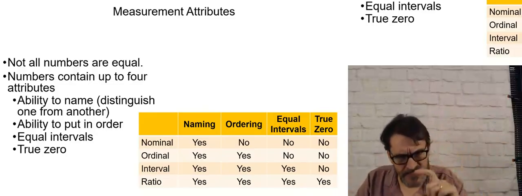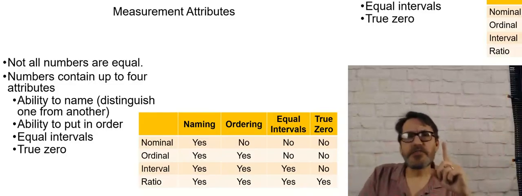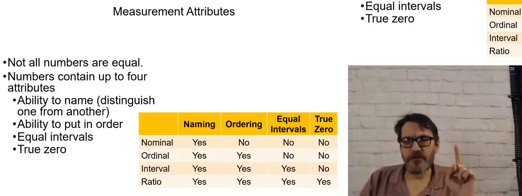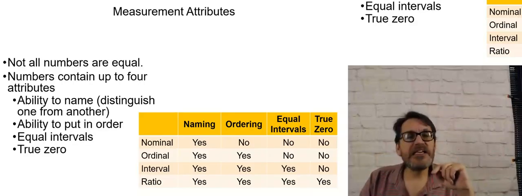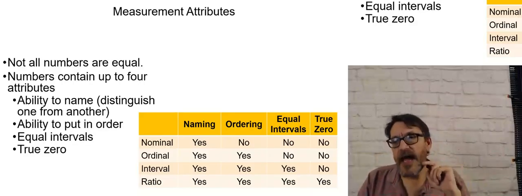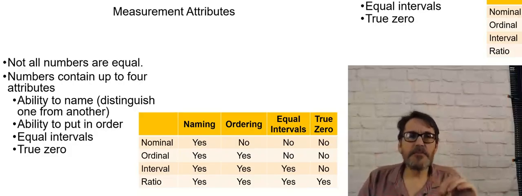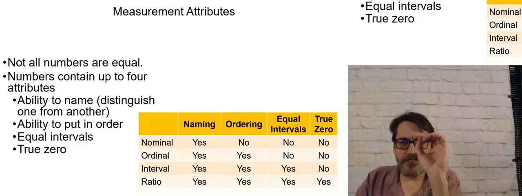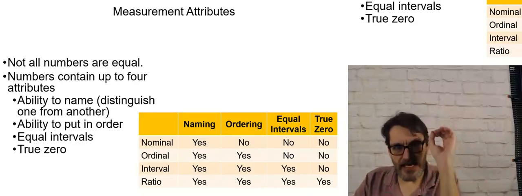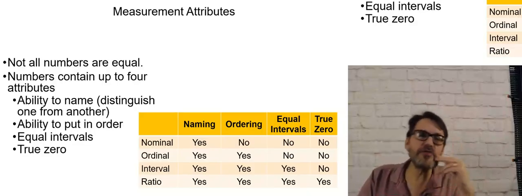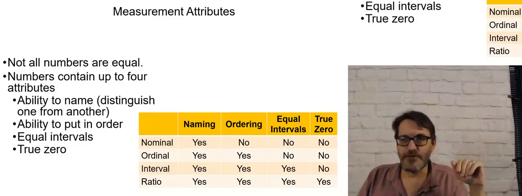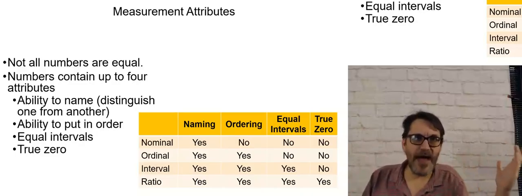But the one thing that's missing with interval scale data is this idea of a true zero. A true zero means that if the number comes up 0, it literally represents that the item does not exist. So, how many apples do you have? If you have 0 apples, there are no apples in front of you.